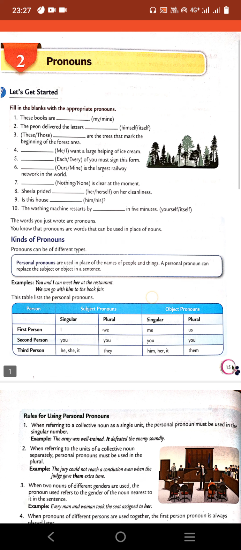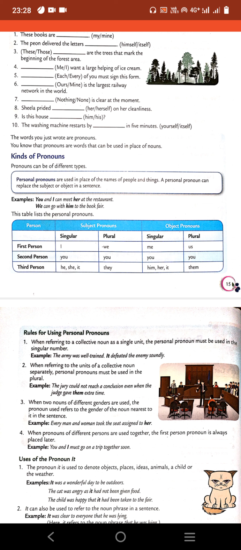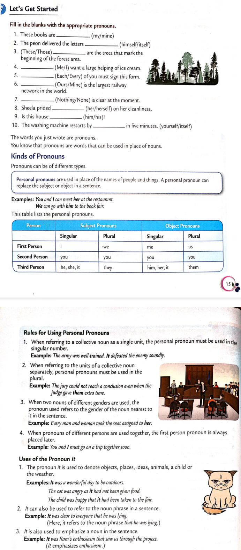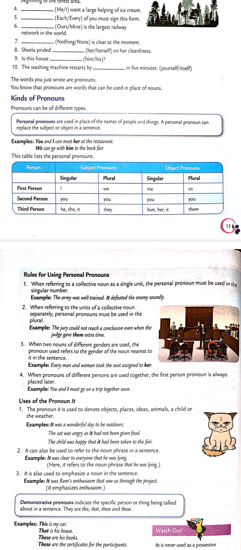Now students, we have to learn the rules related to using personal pronouns. When referring to a collective noun as a single unit, the personal pronoun must be used in the singular number. What did I say? When referring to a collective noun as a single unit. So see here, the army was well trained. It defeated the enemy soundly. So here you can see students, army. What is the army?